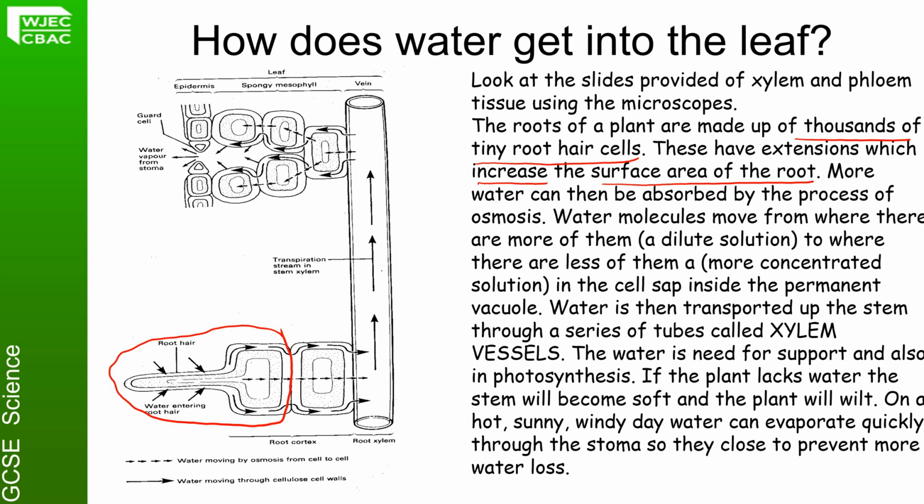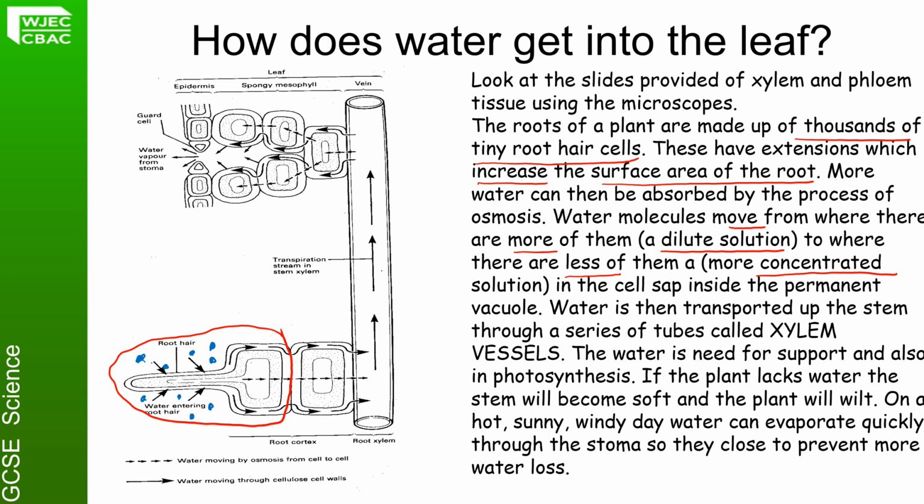We know that water molecules move from where there are more of them, in other words a dilute, weak solution, to where there are fewer of them, a more concentrated solution. And they move into the cell sap that's found inside the vacuole. So this is the vacuole here. If I draw some little water molecules, changing to a blue pen, we've got lots of water molecules outside our root hair cell here.